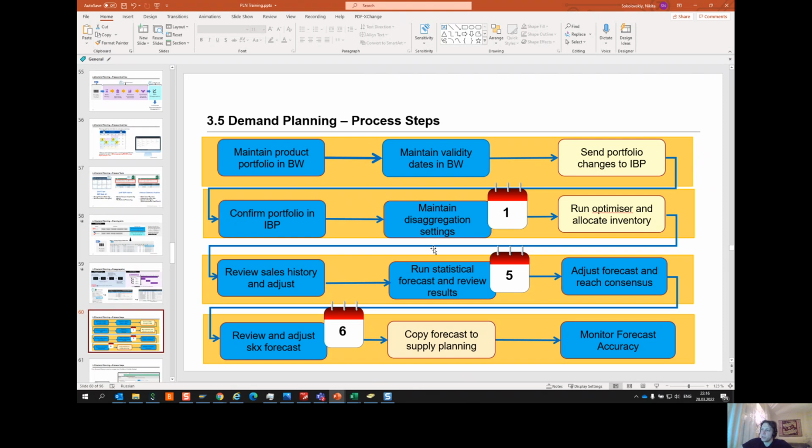Then after disaggregation settings are maintained, they run the optimizer, which is like an automatic script in IBP.